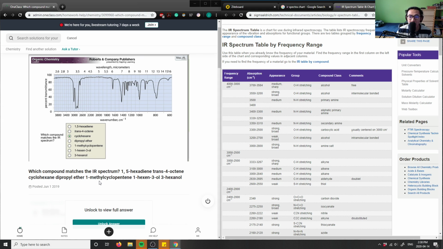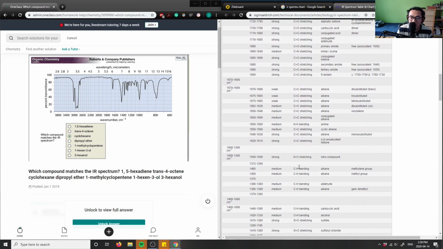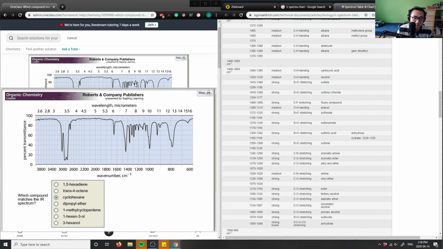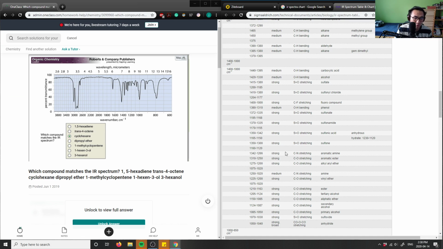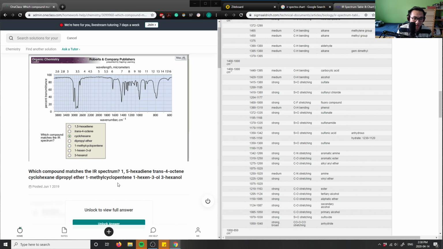Ether would have a C–O stretch at about 1,200 to 1,275, and this here is pretty high up, so it's not a strong drop, so it's definitely not it. So I can eliminate dipropyl ether and both hexenol and hexanol.